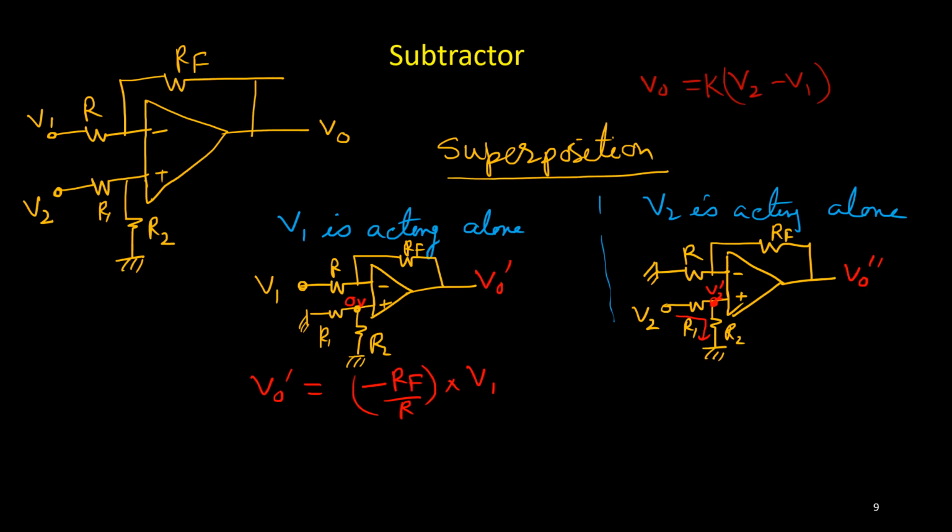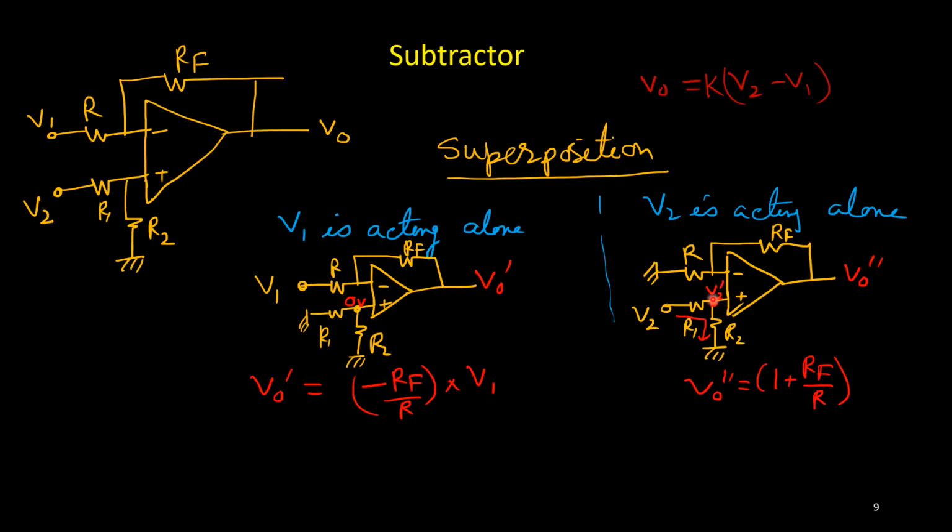So what is the output? V0 double prime is basically a non-inverting amplifier with the gain 1 plus RF by R. Okay, 1 plus this resistance by this resistance, that is your gain, multiplied by this potential V2 prime.